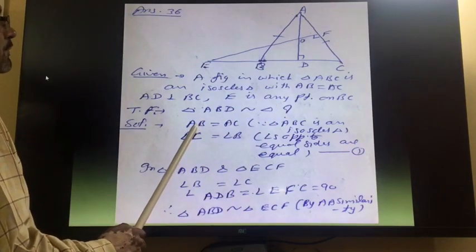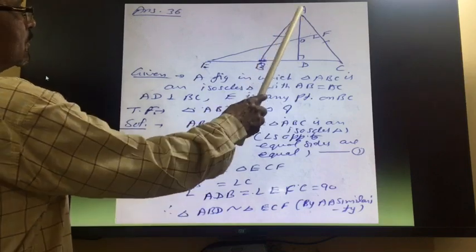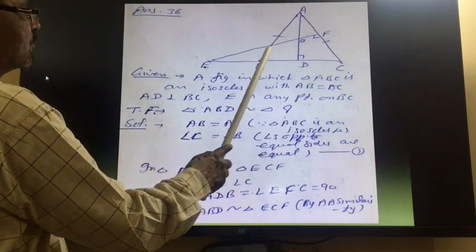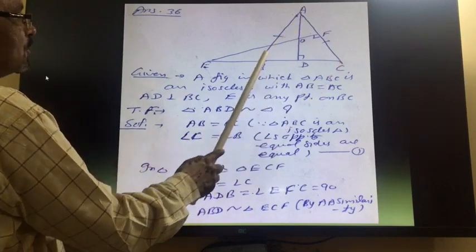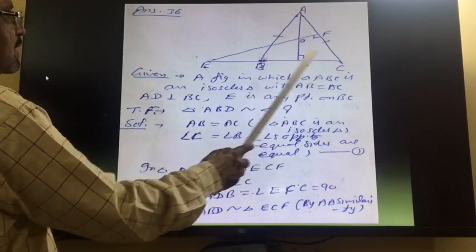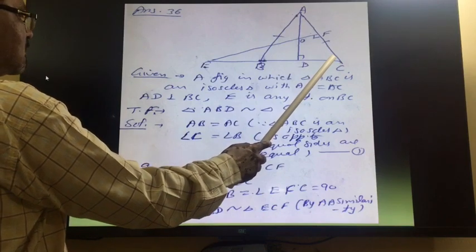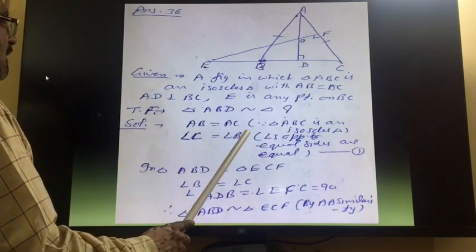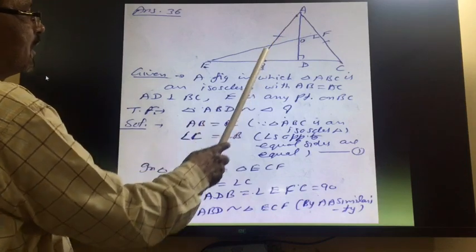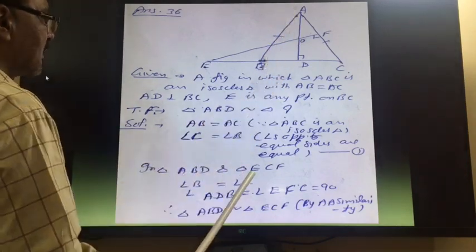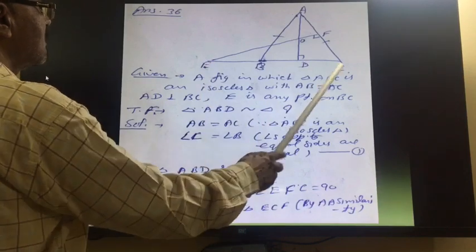So AB is equal to AC, so angles opposite to them are equal. In a triangle, if two sides are equal, angles opposite to them are equal. So angle at B will be equal to angle at C. Now we will take the triangle ABD and the triangle ECF.